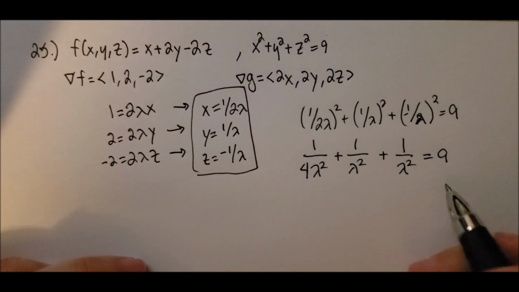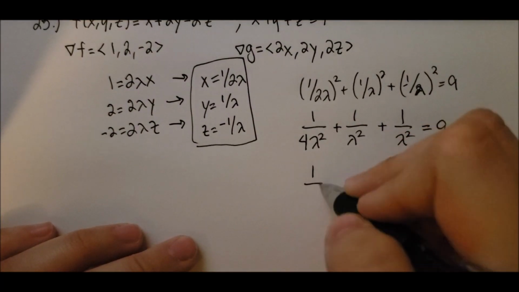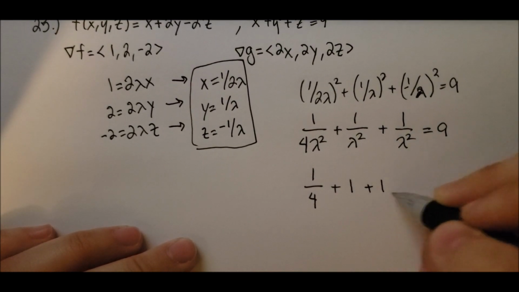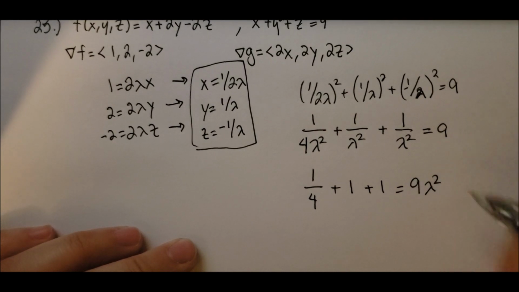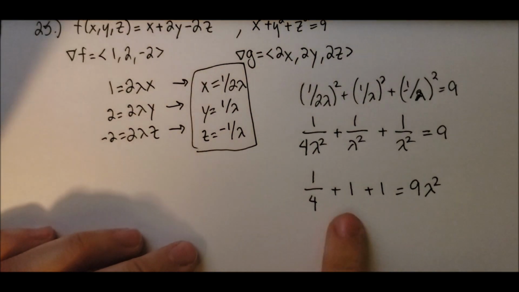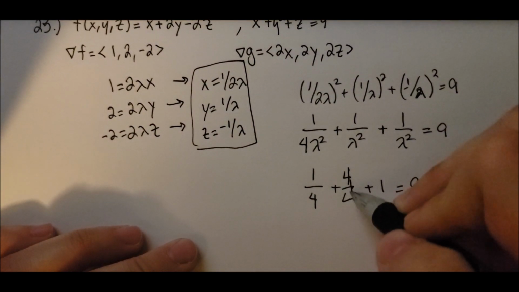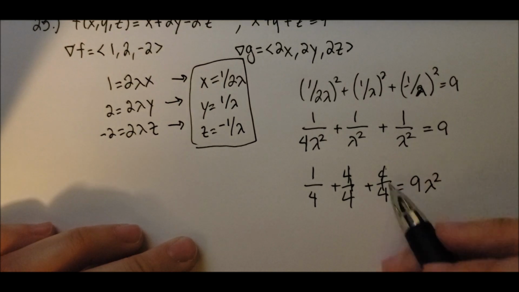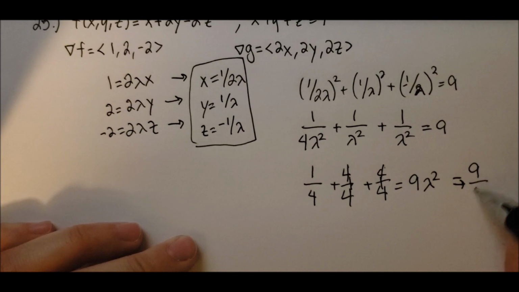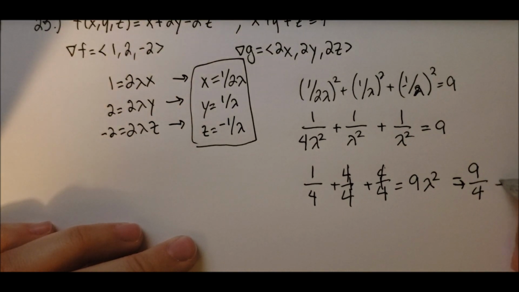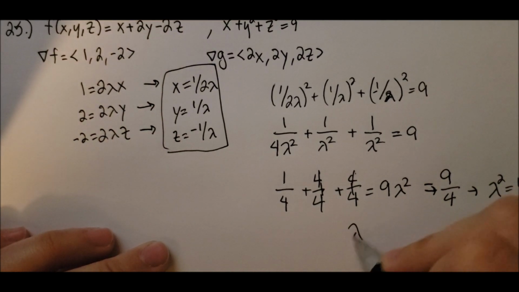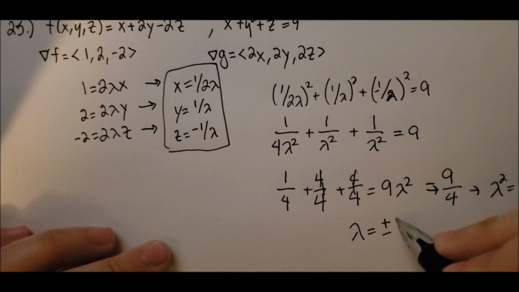So if I multiply through by lambda, that's 4 over 4, 4 over 4. So that's 9 over 4. So lambda squared is 1/4. So lambda is either positive or negative 1/2.